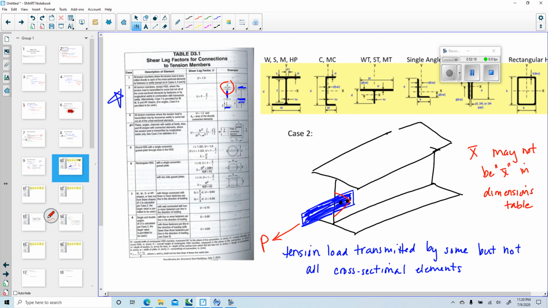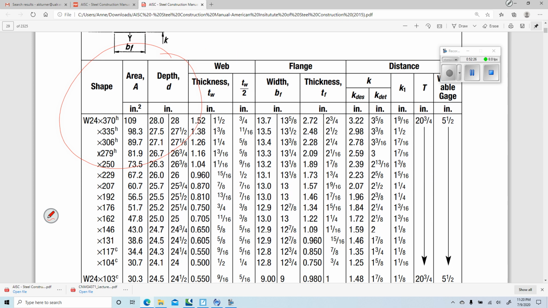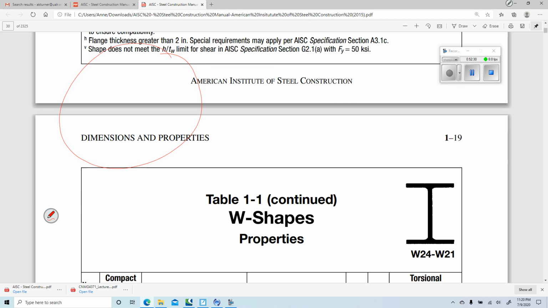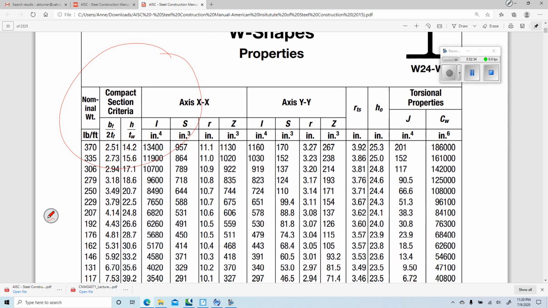You'd see that picture, you see where that X is. If I go to this table, no, it doesn't have.